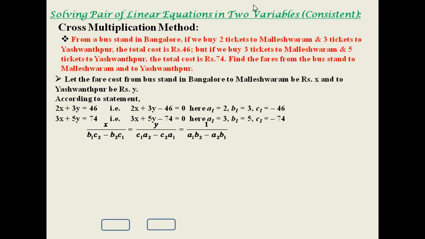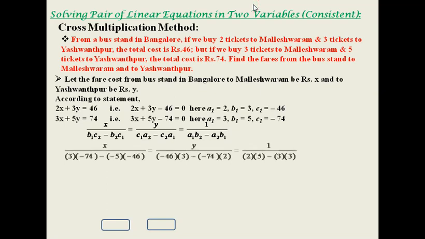Now let us consider x by b1 c2 minus b2 c1 is equal to y by c1 a2 minus c2 a1 is equal to 1 by a1 b2 minus a2 b1, which gives x by 3 into minus 74 minus 5 into minus 46 is equal to y by minus 46 into 3 minus minus 74 into 2 is equal to 1 by 2 into 5 minus 3 into 3.